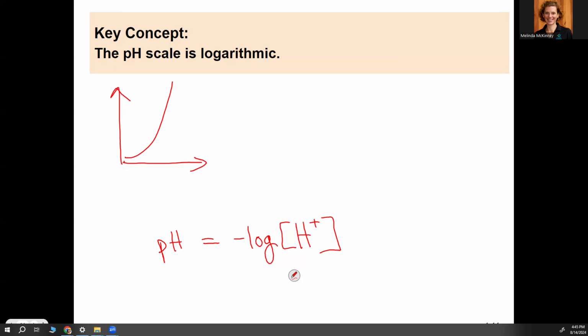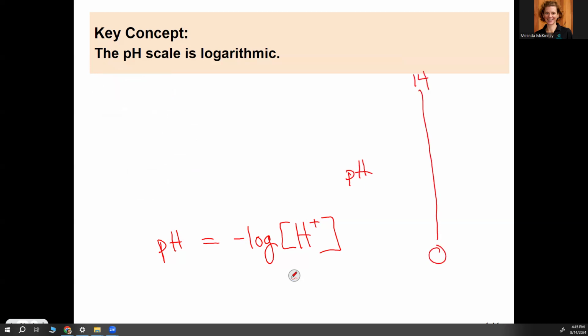With a logarithmic function, the important thing for you to know is that the pH scale goes from 0 at the bottom, the lowest number, to 14 at the top, and 7 is neutral. So the strongest acid is 0, and the strongest base is 14.